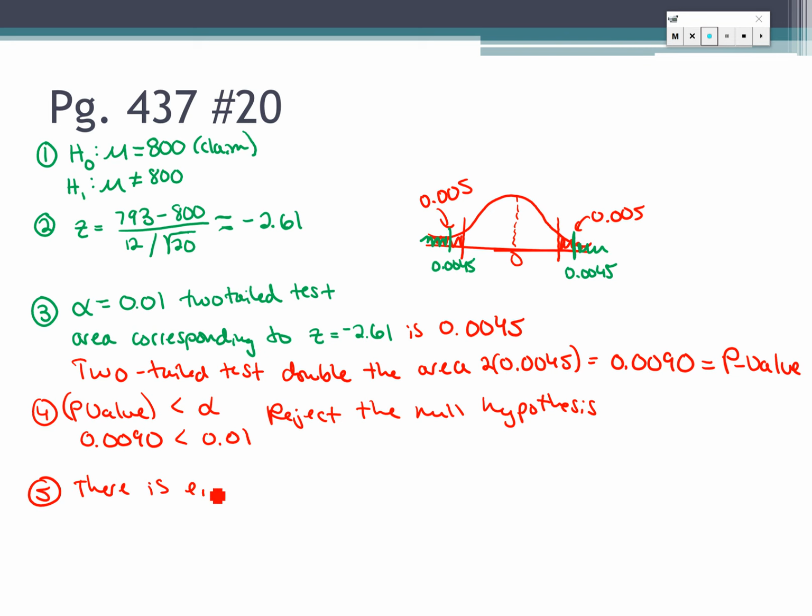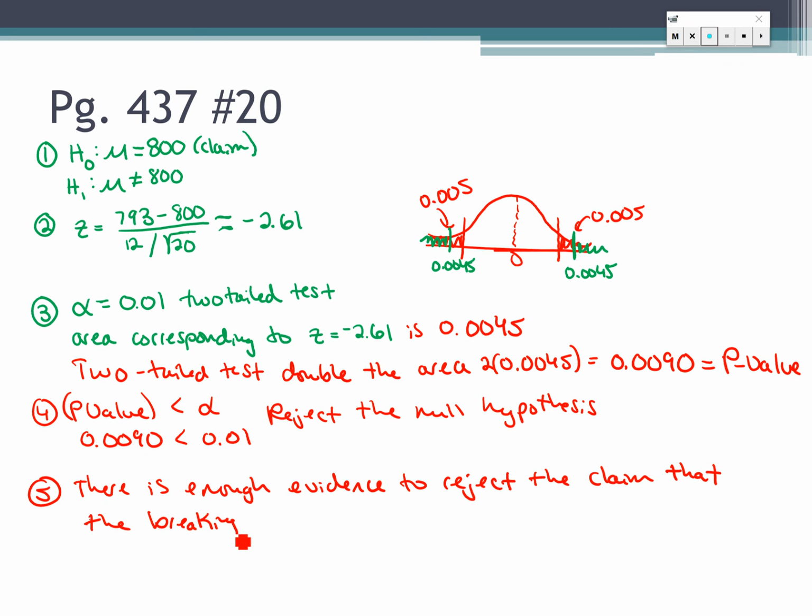So there is enough evidence to reject the claim that the breaking strength is 800 pounds.